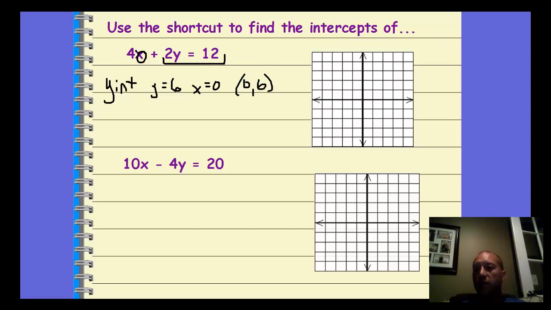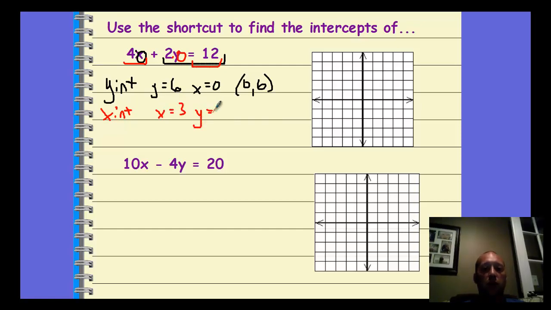Now we can do the same thing, but we can actually find the x-intercept. To find the x-intercept, we're going to let our y value be 0. 2 times 0 is 0. So we're left with 4x equals 12. So divided by 4, I find that x is 3.